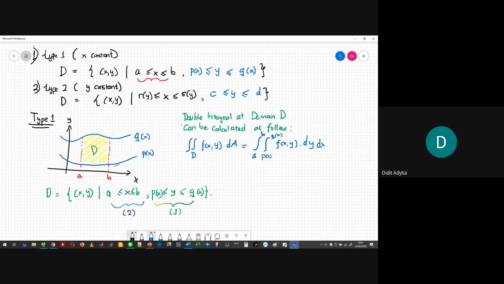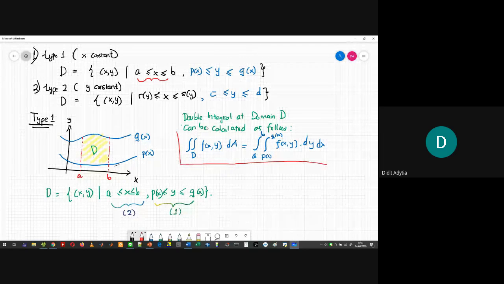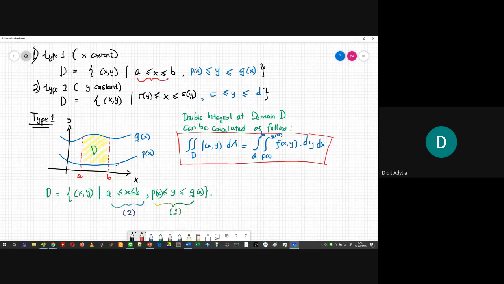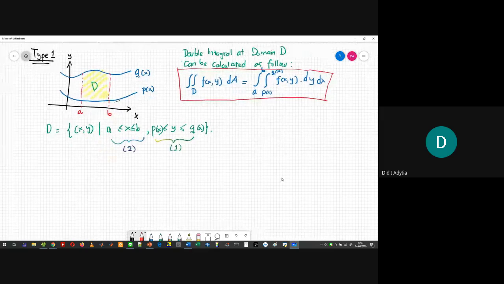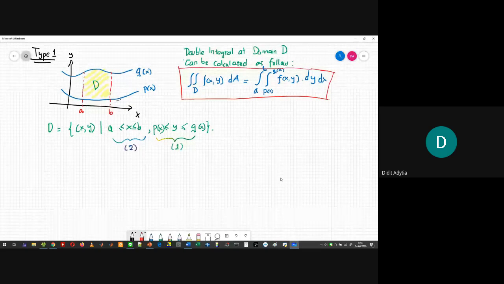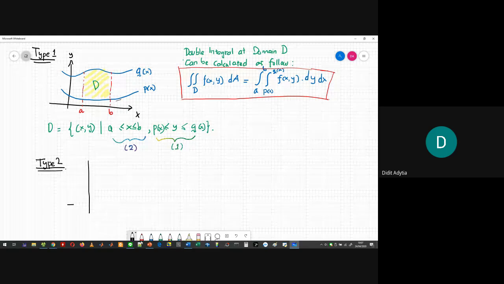Oke, kita akan menghitung berdasarkan ini. Okay, so far is understandable. So this one is how we calculate the integral with respect to y first, and then x. Now, the other way around is type 2. Okay, and for type 2, I will draw it again.